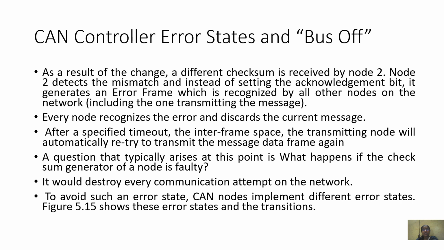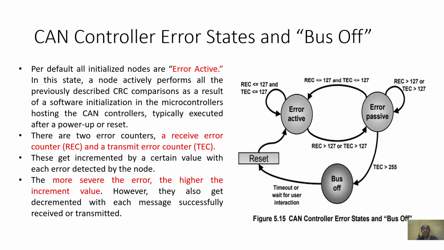The CAN controller follows error states. What are the states? By default, all initialized nodes are error active. In this node state, a node actively performs all the previously described CRC comparisons.